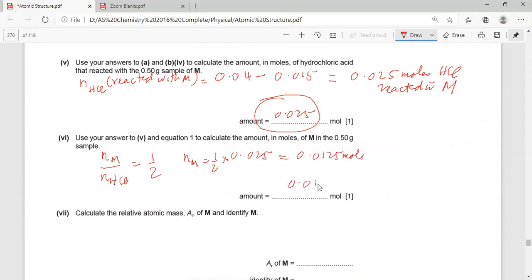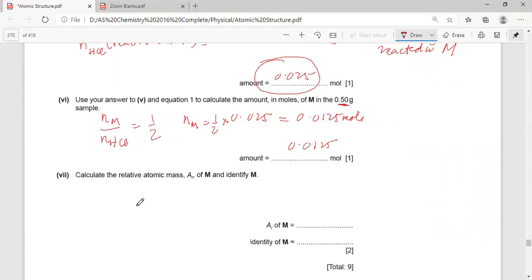This will be present in 5 grams. So calculate the AR. You have the mass and the moles, so you can find AR. Of course, number of moles equals mass over AR.